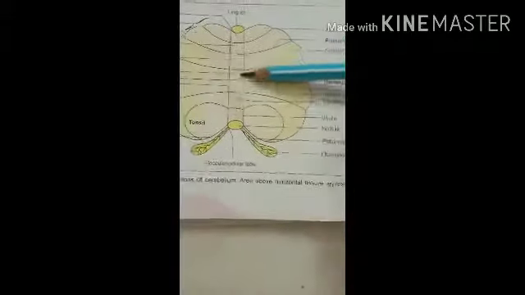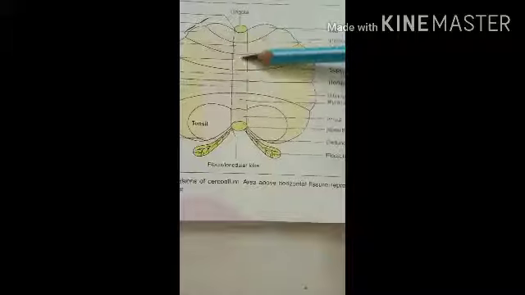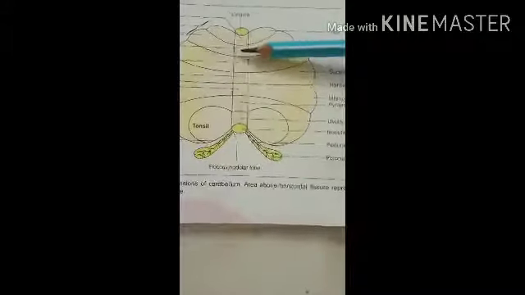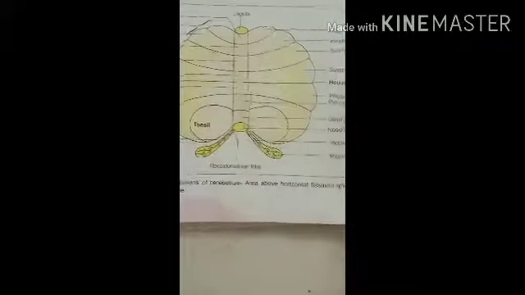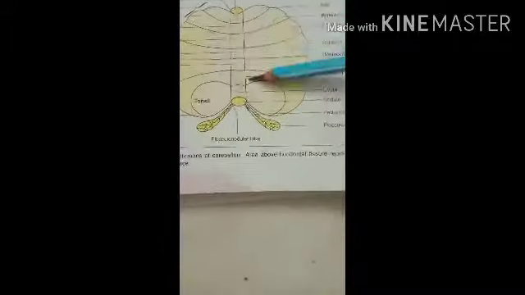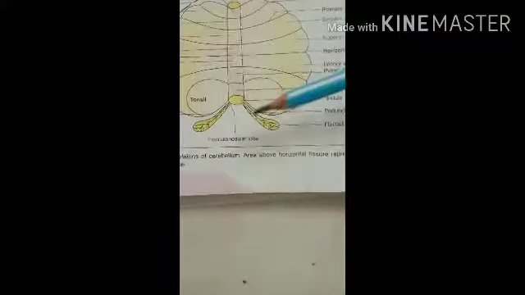The remaining part of the middle lobe or the posterior lobe is included in the neocerebellum. So the neocerebellum includes this part, the declive, tuber and the nodule. This part is included in the neocerebellum.